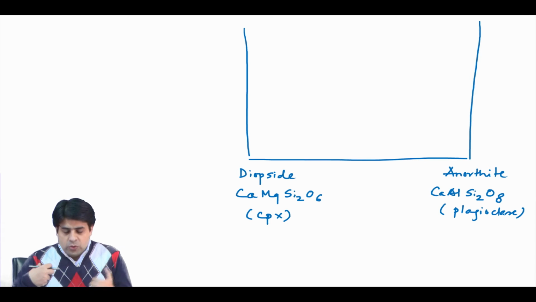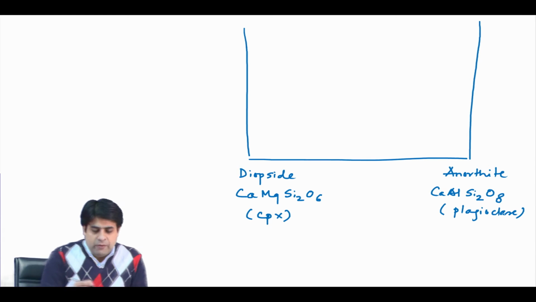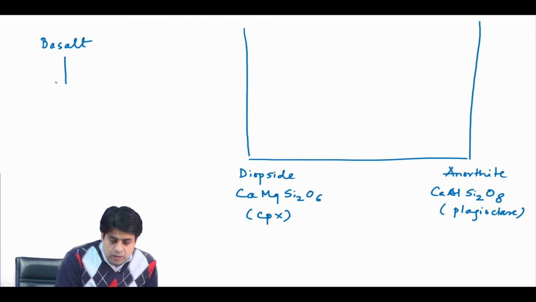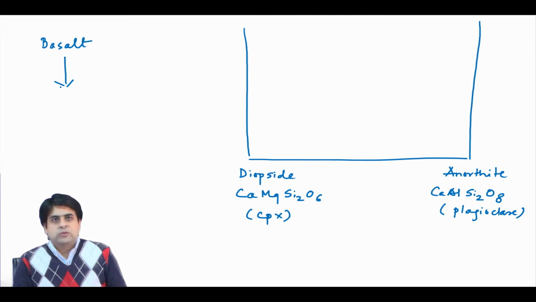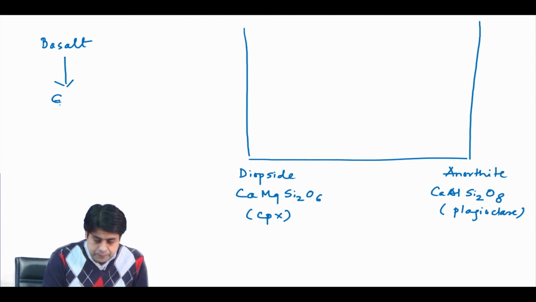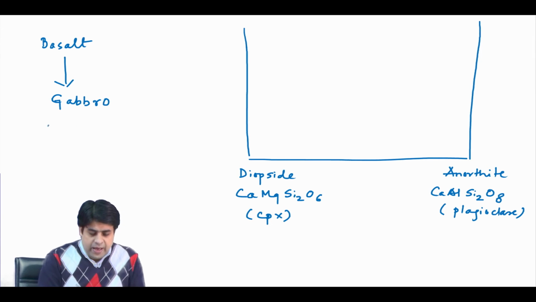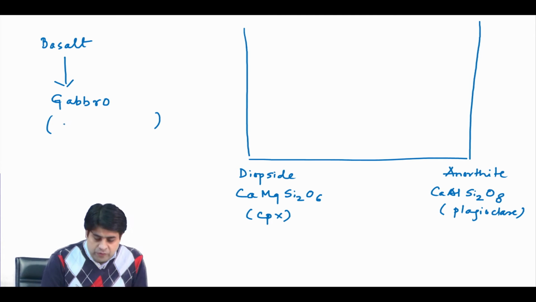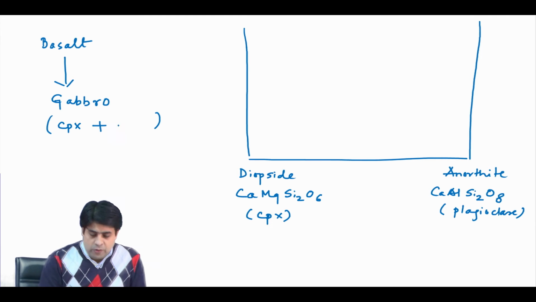So we know that we have basalt, and we know that the plutonic equivalent of basalt is gabbro. And we know that gabbro is mostly made up of 50% clinopyroxene plus 50% plagioclase.